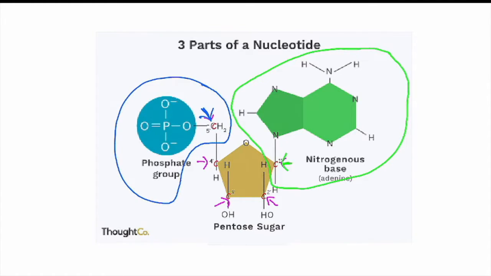Our 4' carbon is then anchoring this carbon, which anchors our phosphate group. 3 out of our 5 carbons are bonded. You can think of them as taken, they're occupied. And then we have the 3' carbon and the 2' carbon down here at the bottom of this pentose sugar.